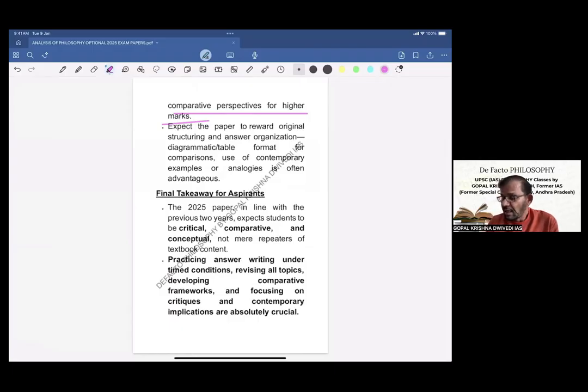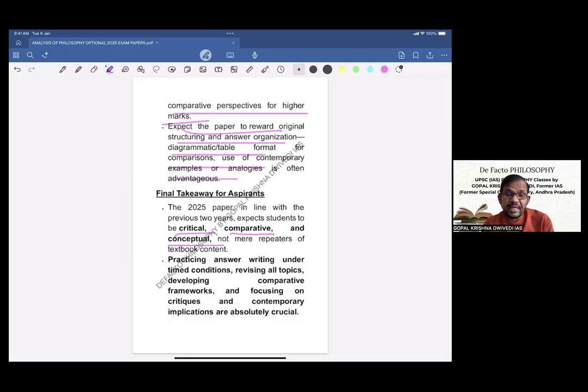So if you include this kind of preparation and inputs, you will be better placed to answer the questions. The 2025 paper, in line with previous papers, obviously expects students to be critical, comparative, and conceptual, not merely repeaters of textbook content.